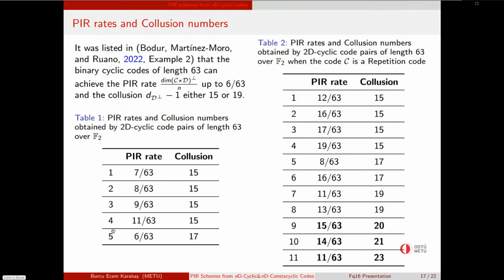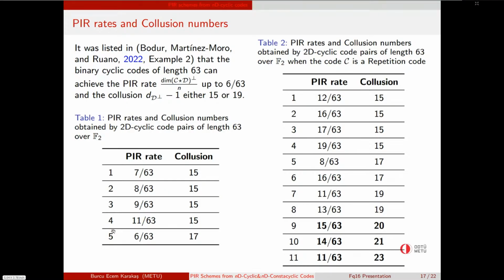So now our results. In Bodur et al., they proved that the binary cyclic codes of length 63 can achieve 6/63 PIR rates with the collision either 15 or 19.